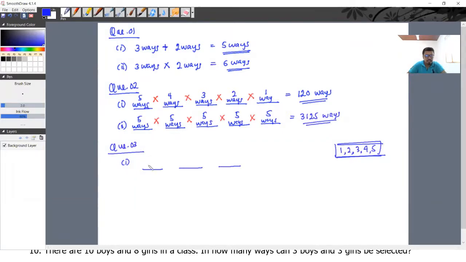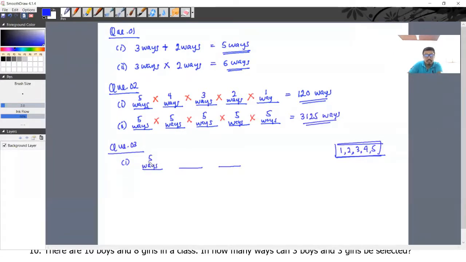I need to put a digit here. How many possible options are there? 5 options. Either we can put 1 here, or 2, 3, 4, 5, any number given here. So 5 options are there.